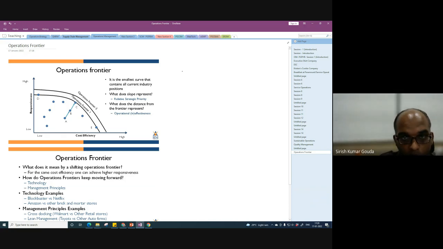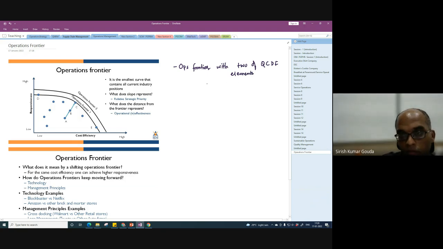When we discussed the operations frontier, I did mention that there are three major things that you want to understand. One is that operations frontiers are usually drawn with two of the QCDF elements, with one of them on the y-axis and the other on the x-axis.